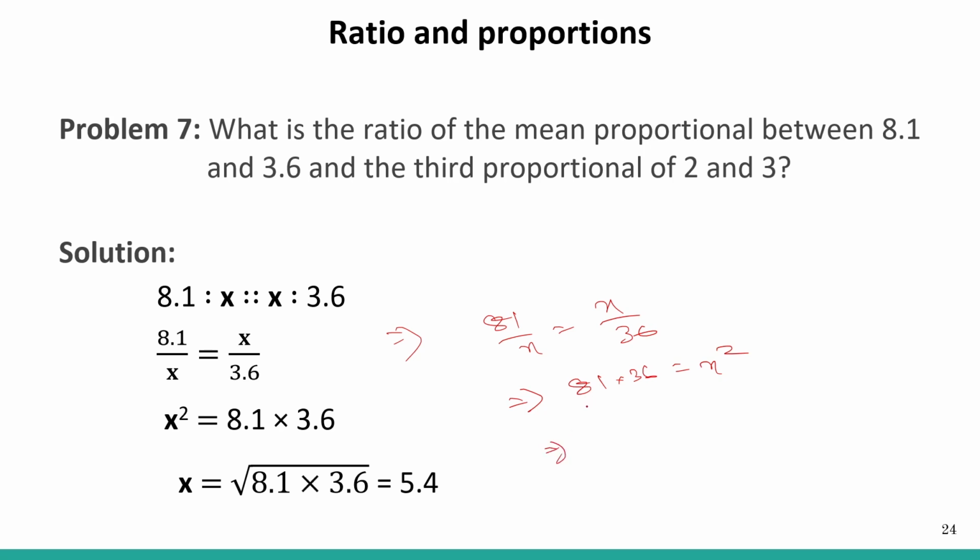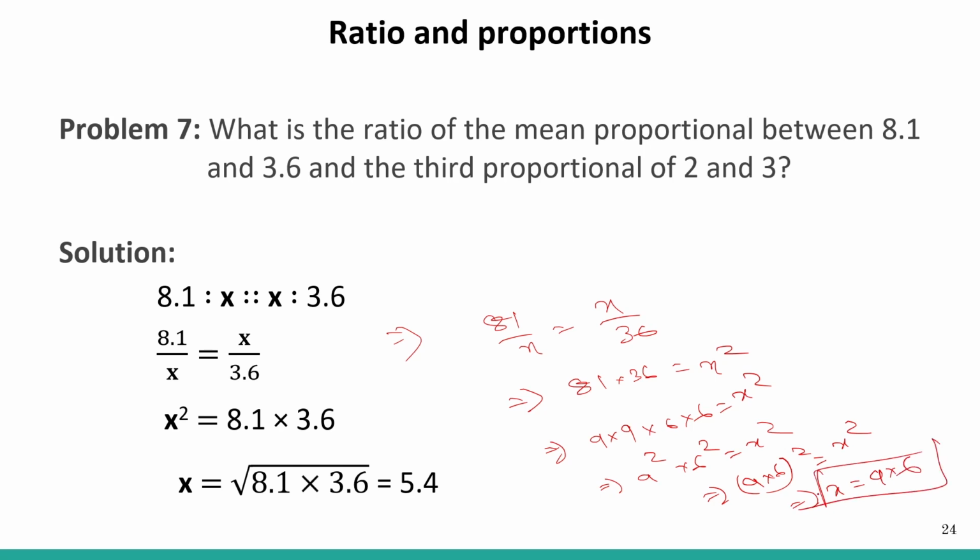So by prime factorization, we can see that 9 into 9 into 6 into 6 is equal to x square. So this implies that 9 square into 6 square is equal to x square. So this implies that (9 into 6) whole square is equal to x square. So this implies that x is equal to 9 into 6. So the correct answer will be 9 into 6. X is equal to, that will be what? So it will be equal to 54.